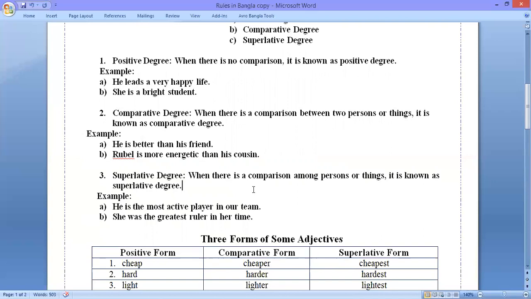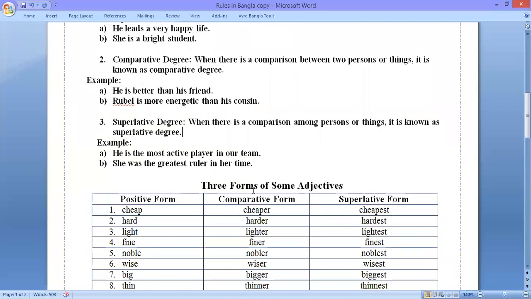Here I have given two examples to make this clear. First one is, he is the most active player in our team. Second one is, she was the cleverest ruler in her time. If we look at the two sentences, we can see that there is a comparison among the persons here. So they are superlative degree.